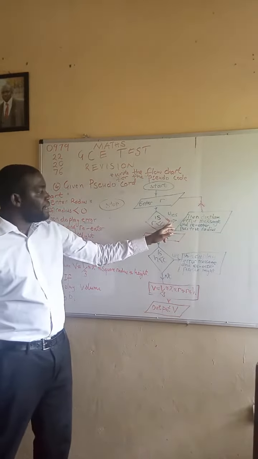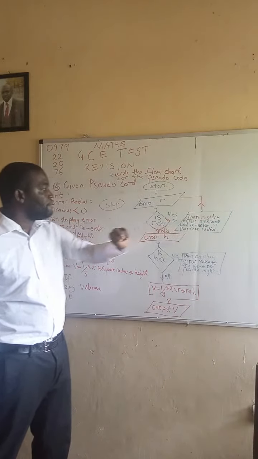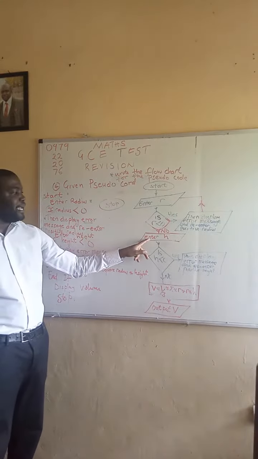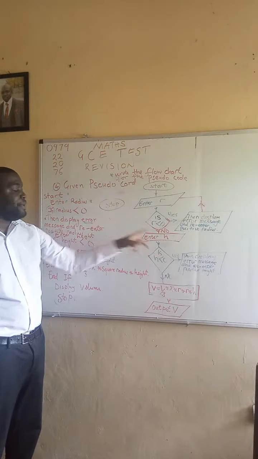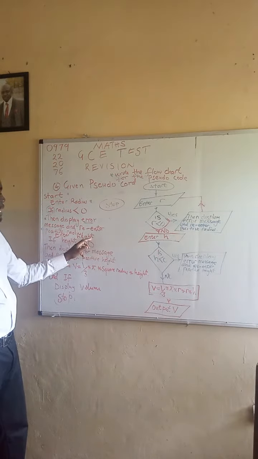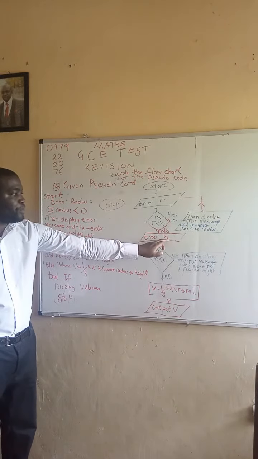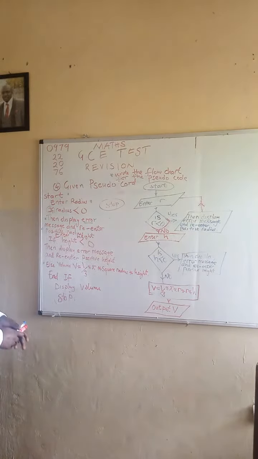That's the reason why the error message is going this side. After display error message and retype positive radius, the next message that comes is enter radius. Then enter height. You bring enter height here.